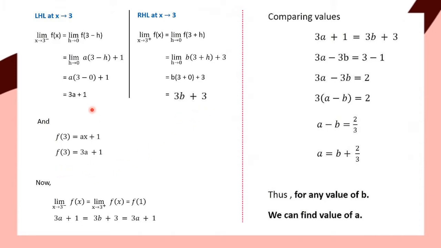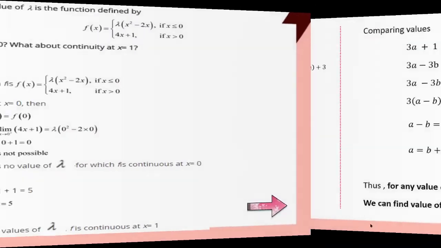Both values should be equal to the value of the function at 3, which is again 3a plus 1. So 3a plus 1 should be equal to 3b plus 3 should be equal to 3a plus 1. Two values are already equal. It should be equal to 3b plus 3 as well. So after solving, we get a is equal to b plus 2 by 3. So for any value of b, we can find the value of a.